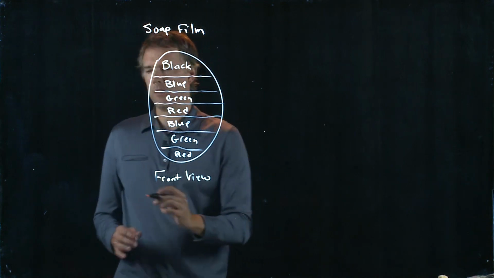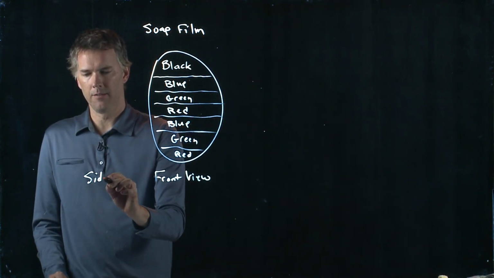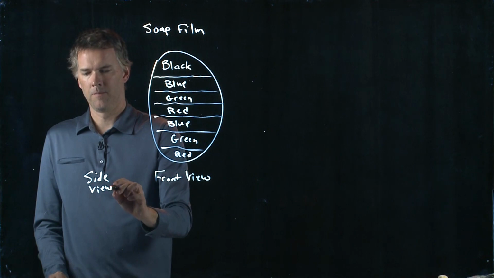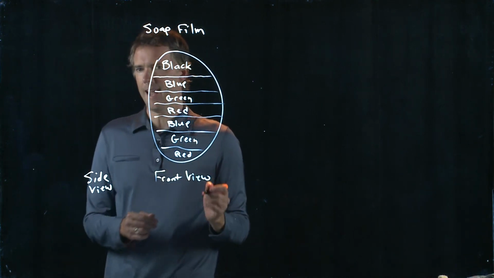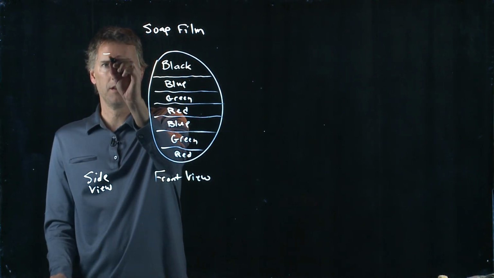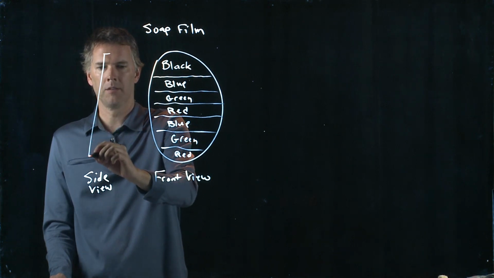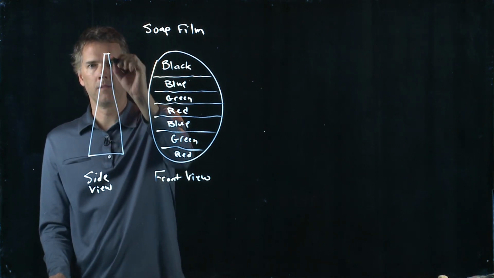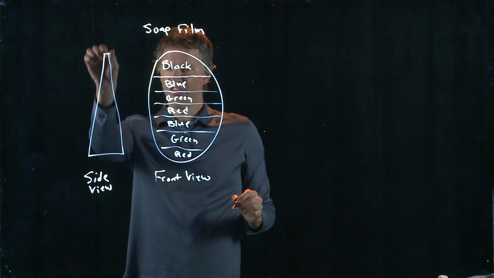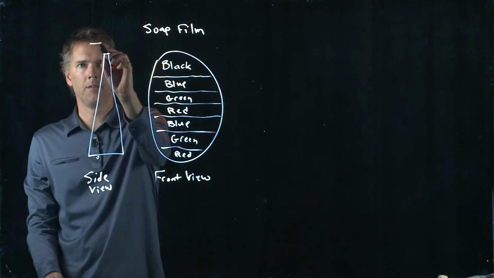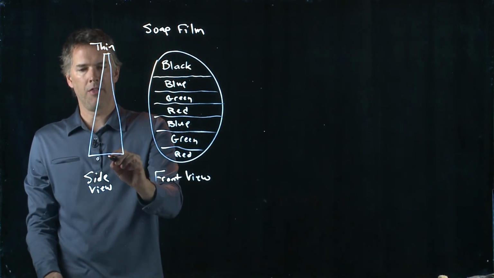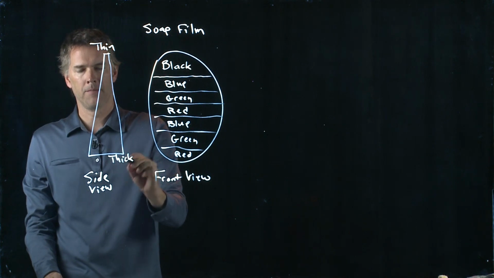But let's think about it looking at it from edge on. What does that soap film actually look like? What it looks like is this. Okay, it's very thin at the top and very thick at the bottom.